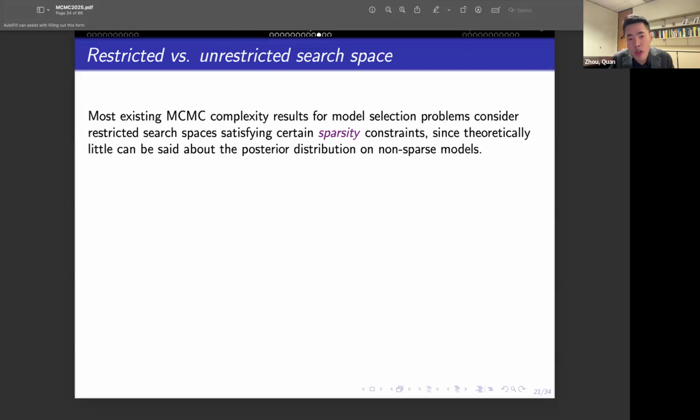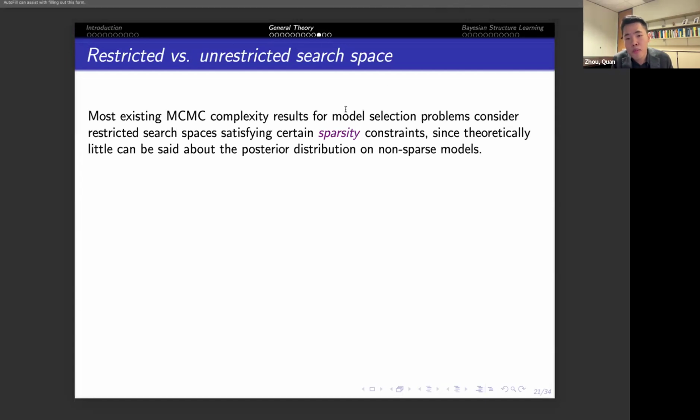And I think I can briefly talk about how we can extend this theory to more general settings. So first, I want to consider this generalization to the so-called unrestricted search space. Previously I mentioned that there's a huge literature on the posterior properties of these discrete space problems. And when you look at this literature, a very important assumption is on the model sparsity.